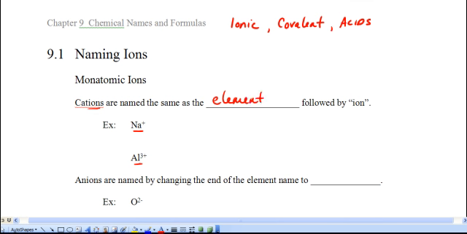So this sodium +1 is simply called the sodium ion, or the sodium cation. Similarly, this is called the aluminum ion, or the aluminum cation. So the names of the cations do not change from their base element.